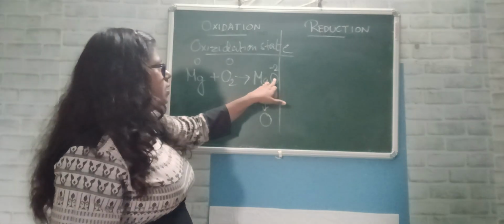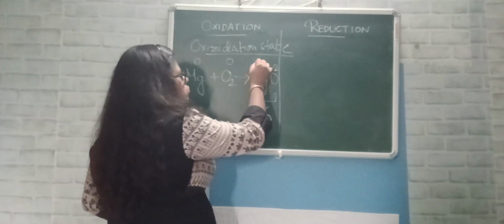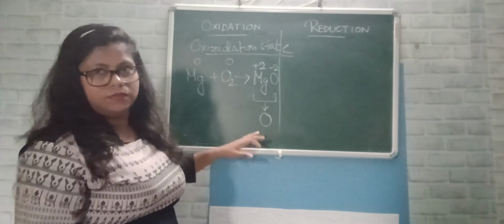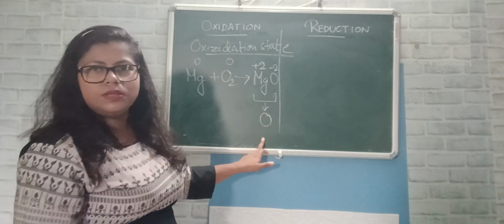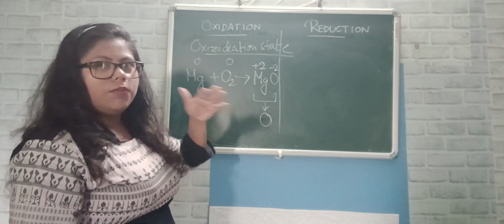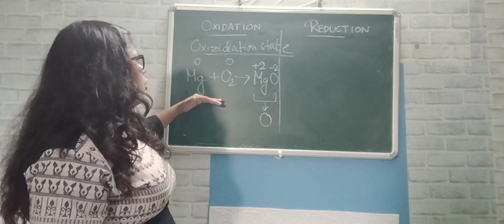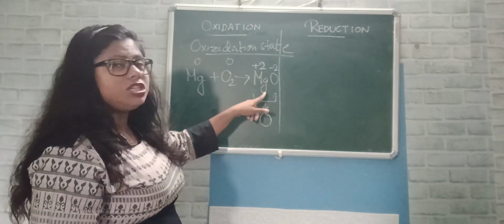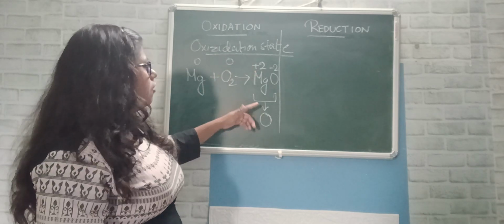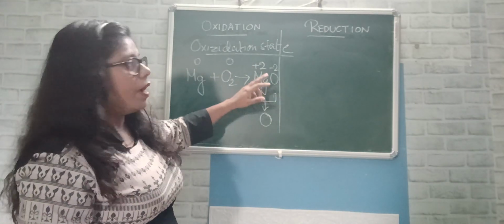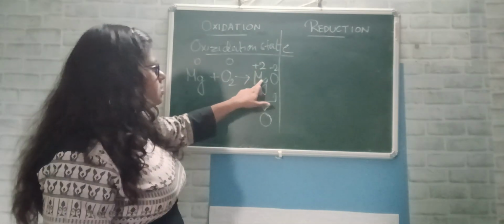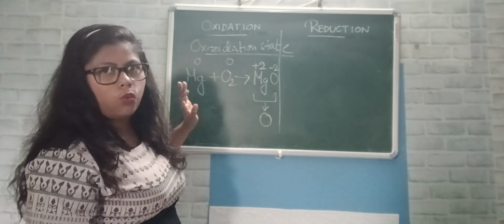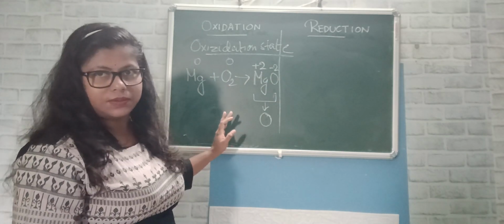Now if it is -2, then it should be +2, plus minus, then only it will be 0. Because we know in molecular form the oxidation state is always 0. So one molecule of magnesium oxide will also have the oxidation state 0. But the elements of this compound will have their own respective oxidation state.